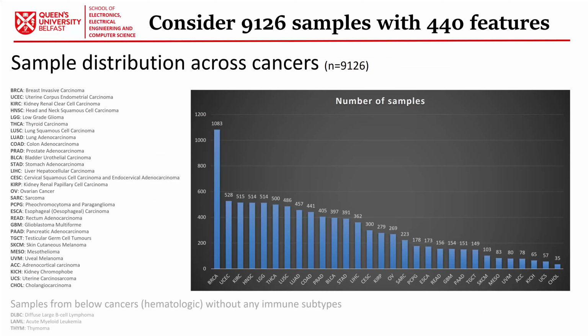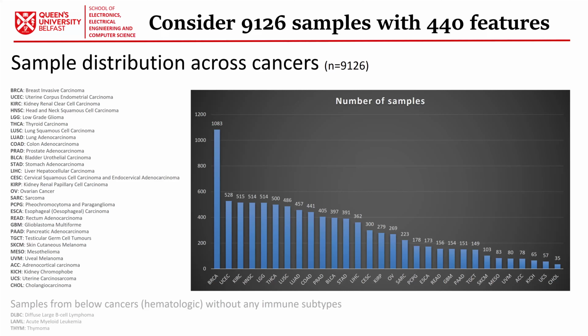a bigger size of data set and doing a similar analysis, similar visualization as well. So you work with 9,126 samples with 440 features. You're familiar with this data set, yes? So this is all types of cancer subtypes in this data set.